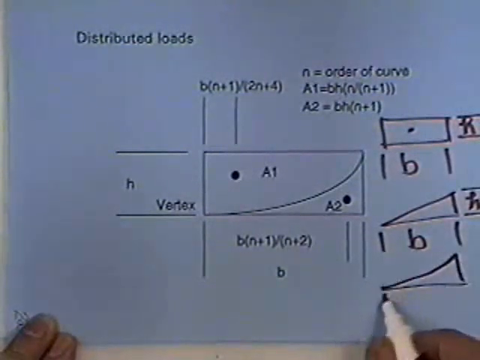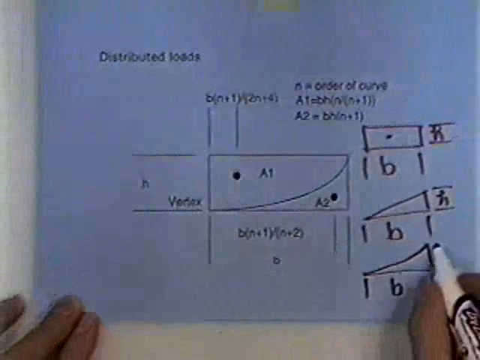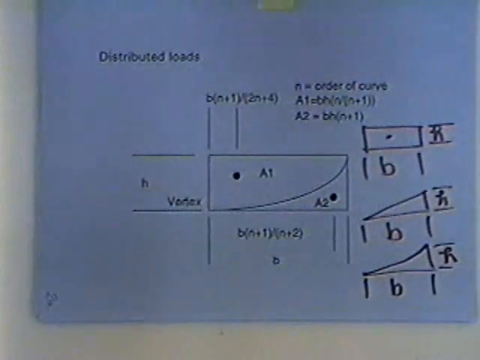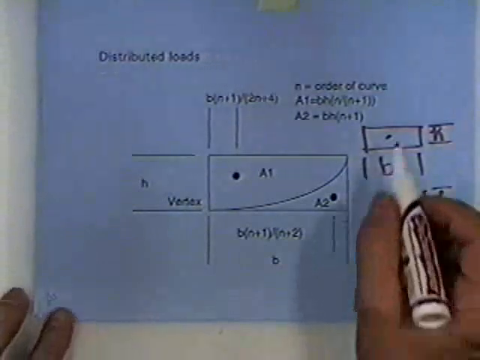Next power curve, base times height over 3. And right on down the line. I doubt seriously if they'll get any higher order than that. But we're simply talking about how much volume or how much area is underneath these curves.